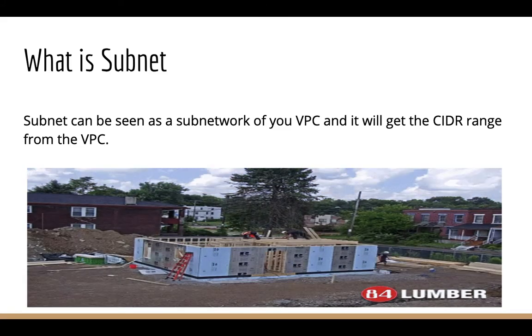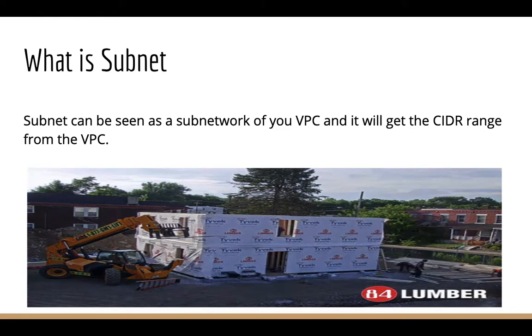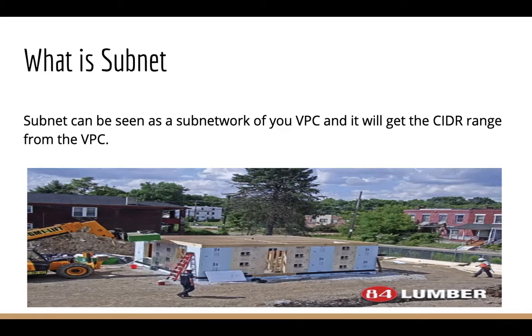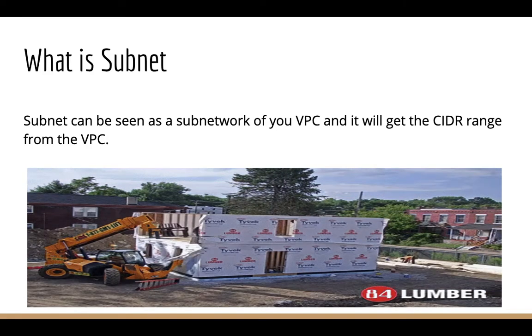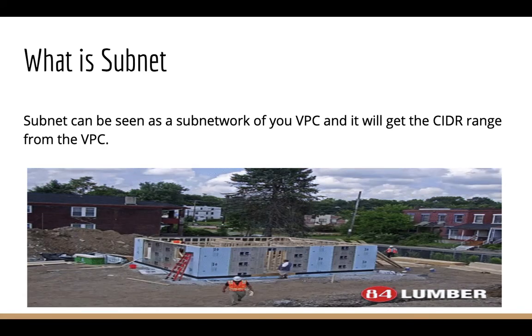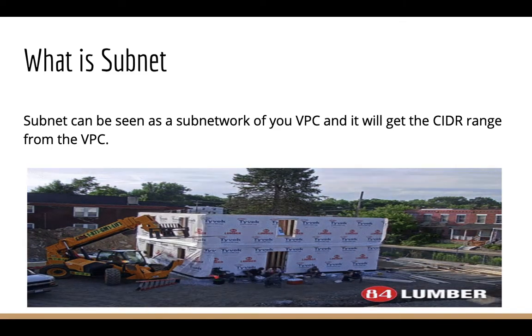Example, Singapore or Mumbai. Now, once you create a VPC, that VPC will be a regional resource. That means your VPC lives inside that region. Let's say you created a VPC inside the Singapore region. In that case, your VPC will live inside the Singapore region and can't be used in any other region.